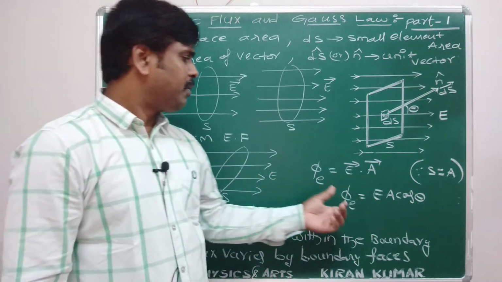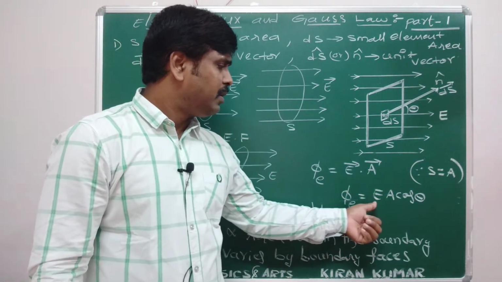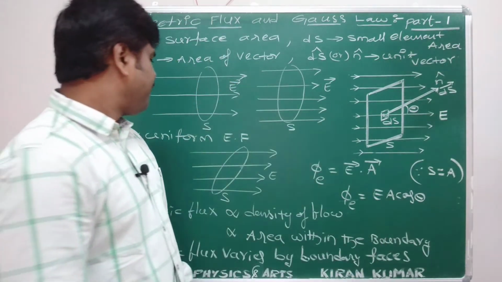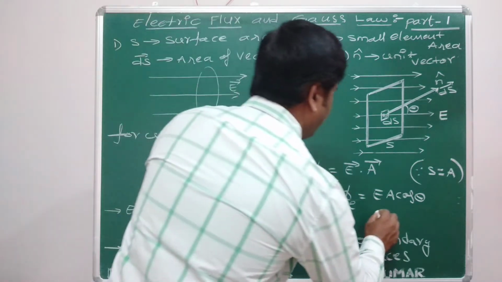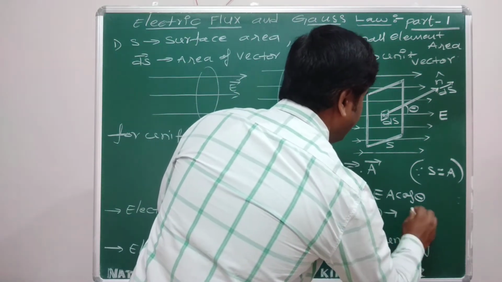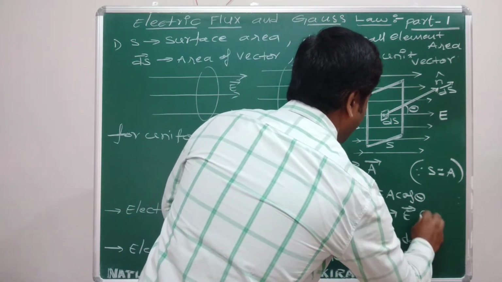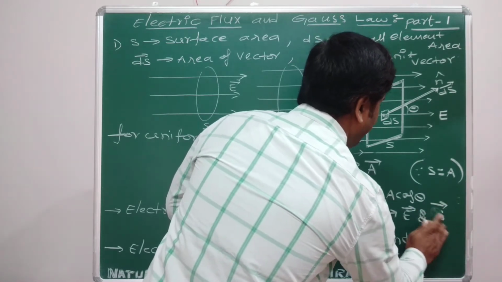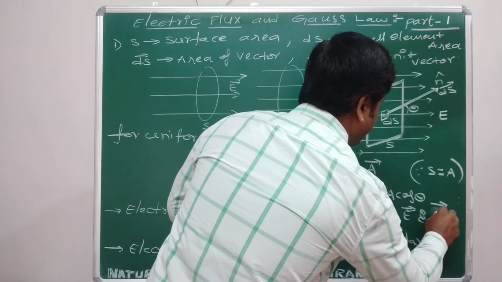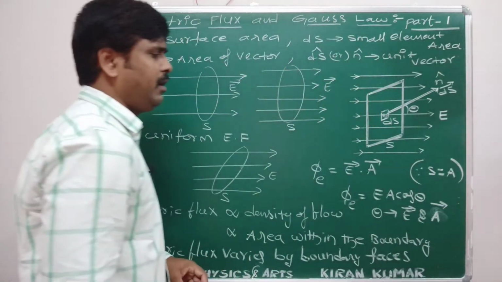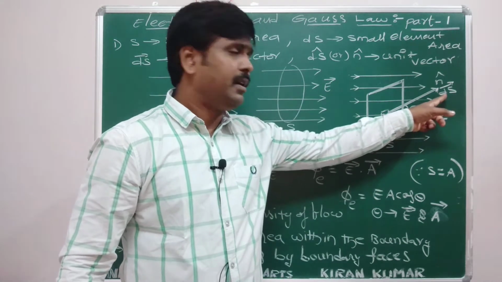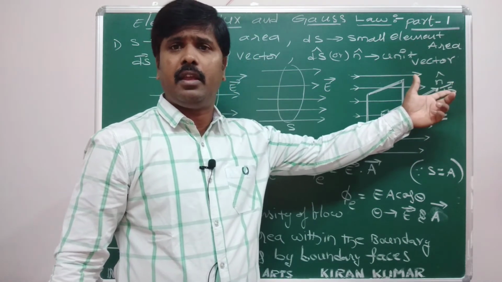So simply, electric flux is equal to EA cos theta. Here theta is the angle between the electric field and ds bar, or we can write A bar. Theta is the angle between E bar and A bar, so ds bar we can take as area A bar.